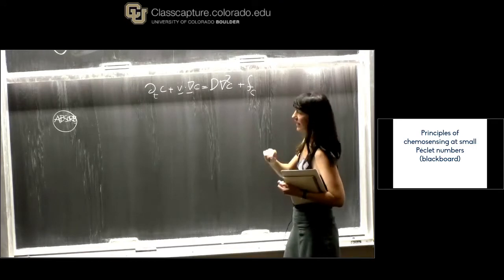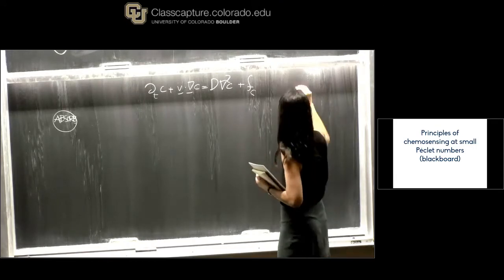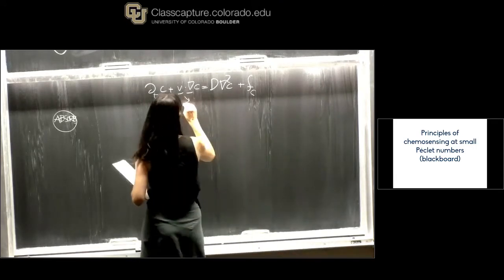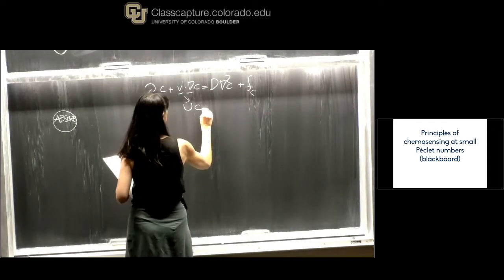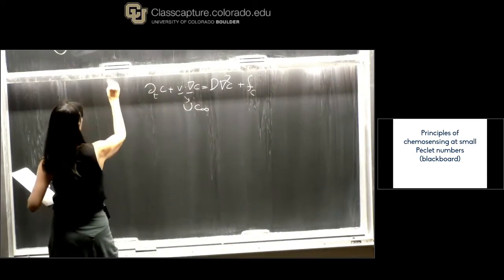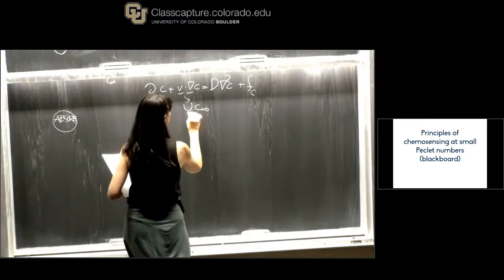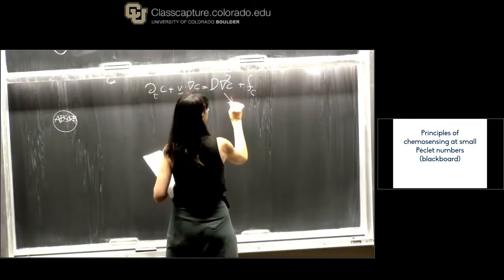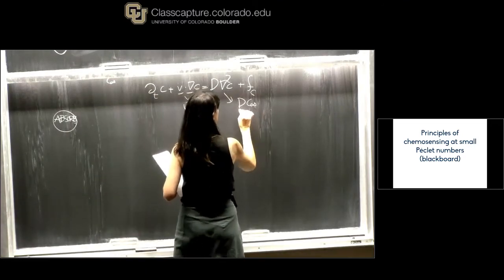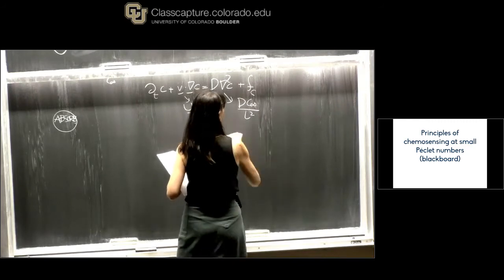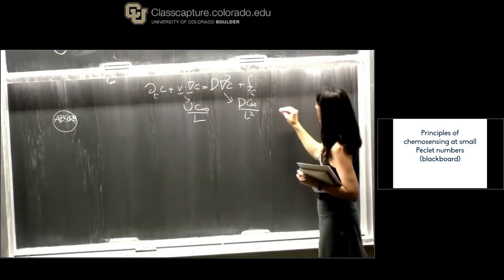So again, orders of magnitude. This is order U, C, let's say C infinity, the concentration far away from the absorber, and then there is a length scale. This is D, C infinity over a length scale squared. So what's the Peclet number?